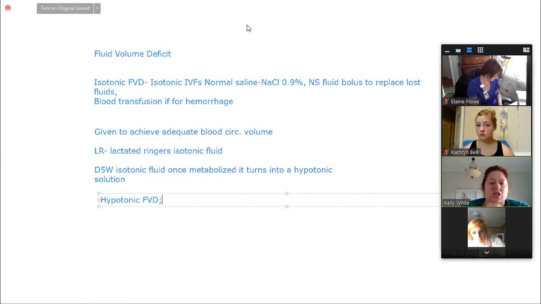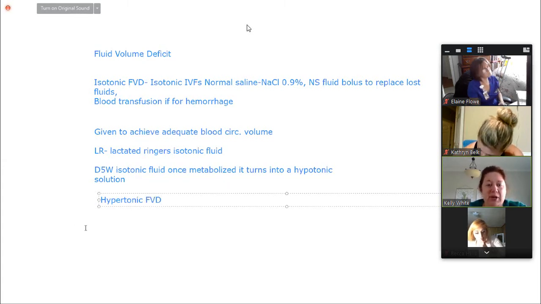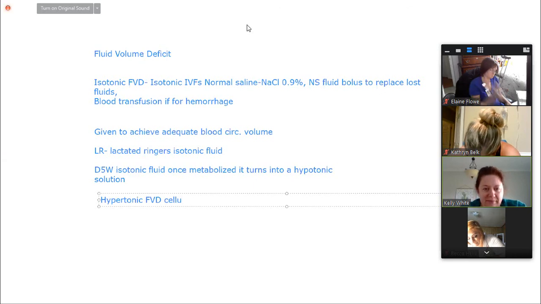Okay, so with our hypotonic, actually, let's go to hypertonic dehydration first. Hypertonic fluid volume deficit. All right, so remember in hypertonic fluid volume deficit, this is our cellular dehydration.